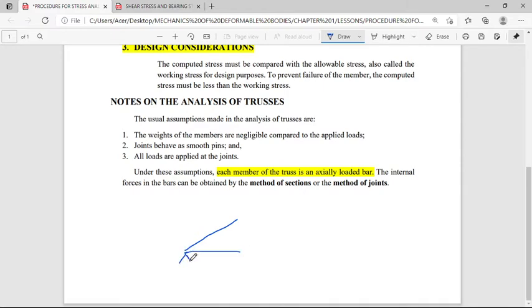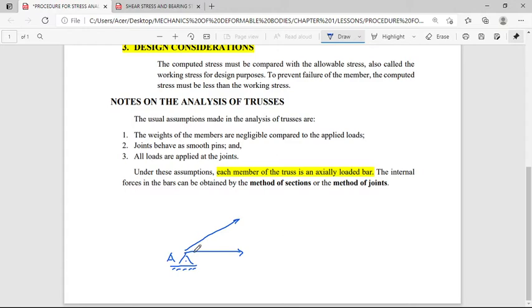So let's say this is a joint of a truss. Sabihin natin this is joint A. Okay? And kinuha mo to sa isang whole truss. So, sinection mo siya halimbawa. Kinuha mo yung joint A. Yan.